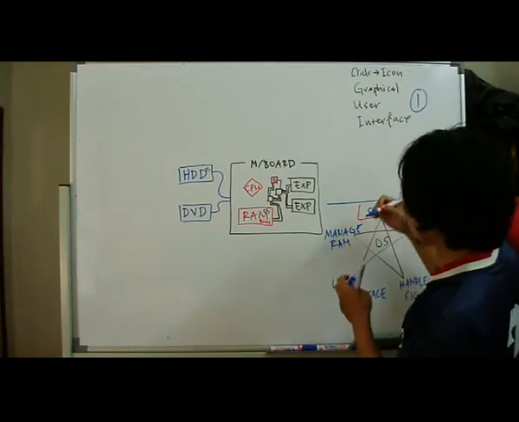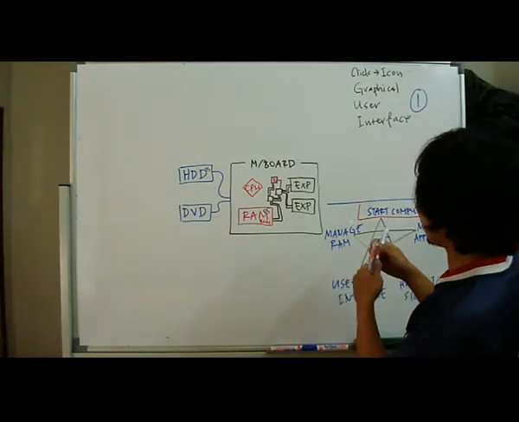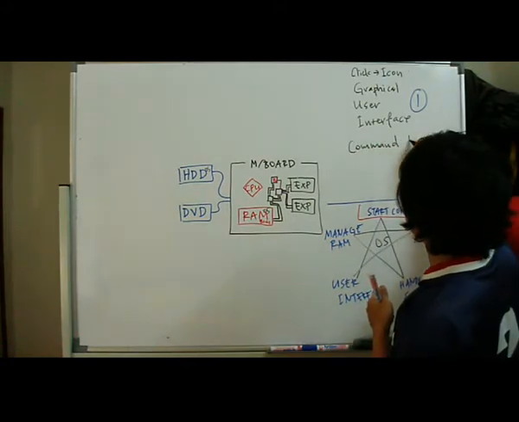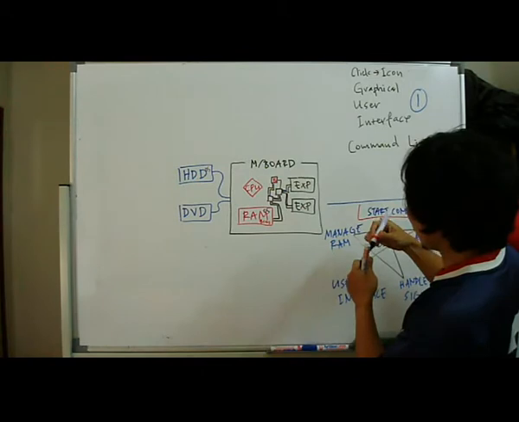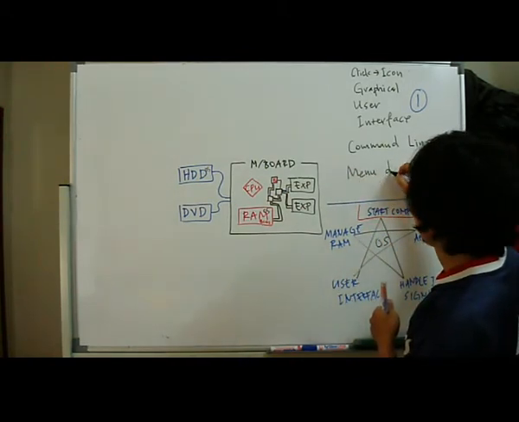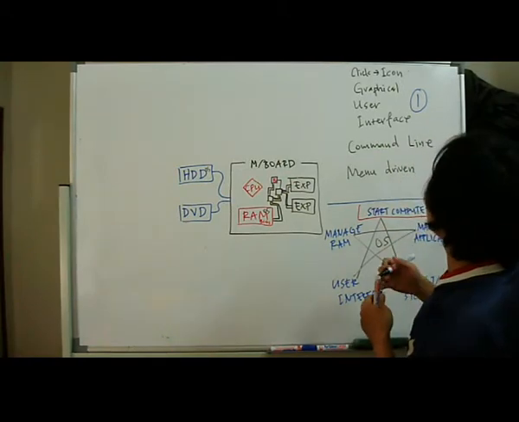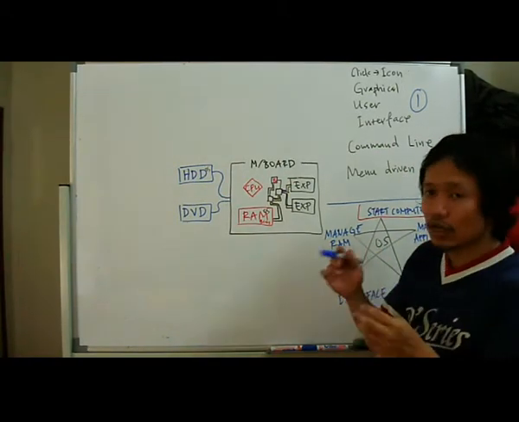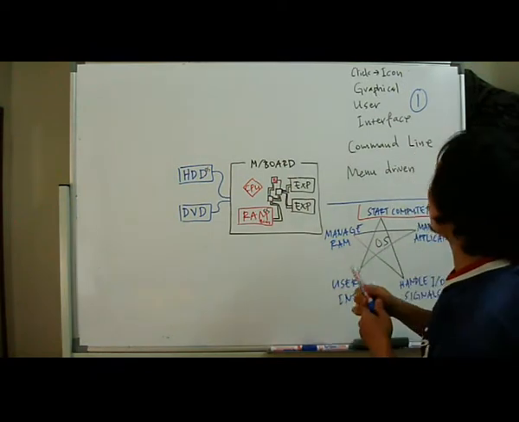One is the graphical user interface. We have another which is command line, right? And then another which is menu driven. So the graphical user interface has a lot to do with graphics. It has rich graphics.